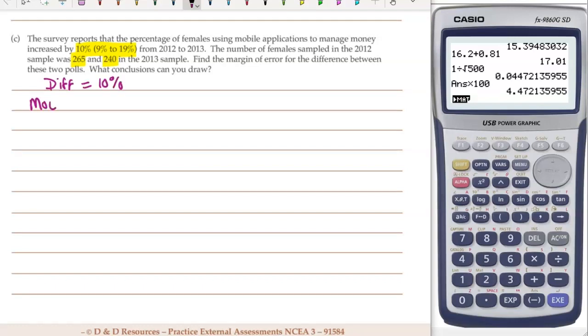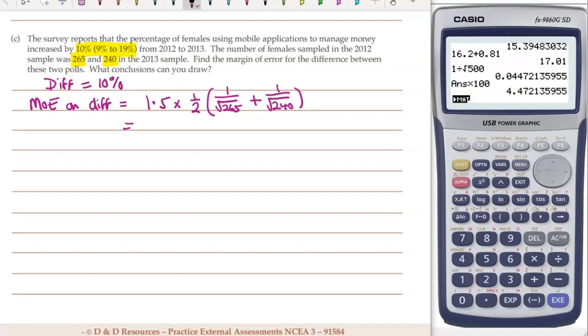Now the margin of error on the difference, we have two groups that are independent of each other. So that's 1.5 times the average between their two margins of error. Okay, so the first one is 1 over the square root of 265. That was for 2012. And the second one is 1 over the square root of 240 from 2013.